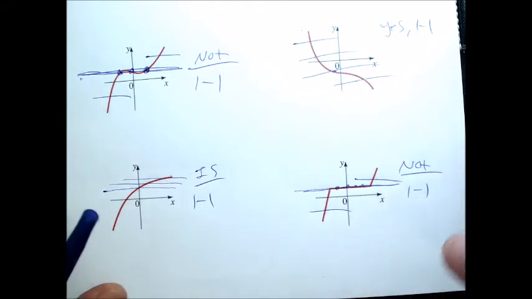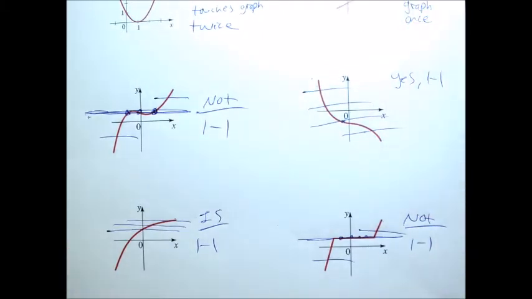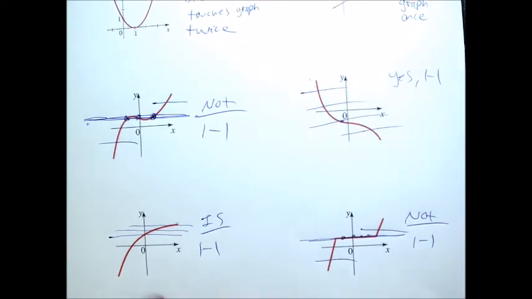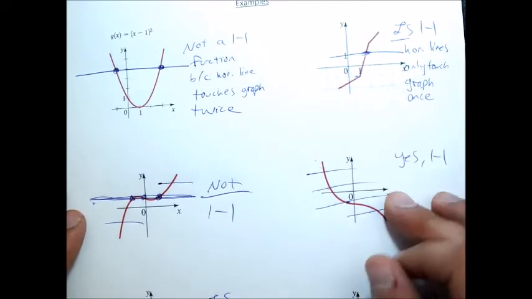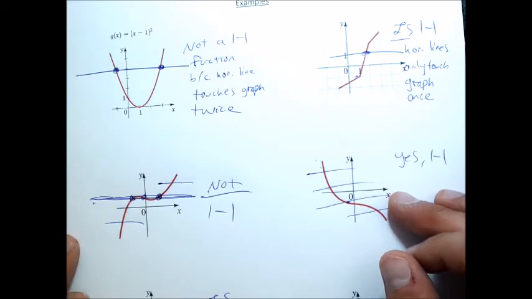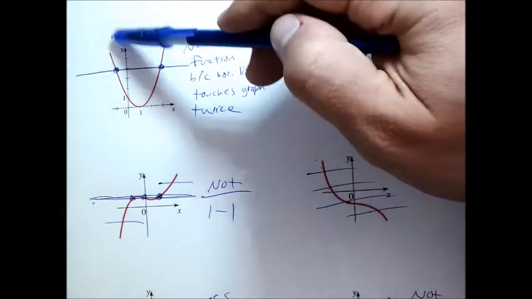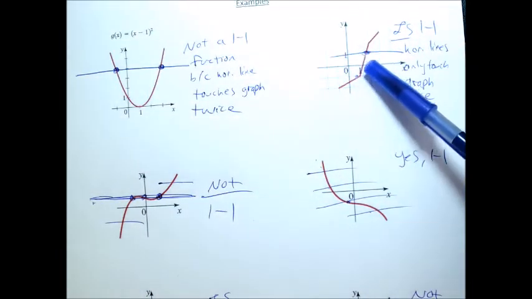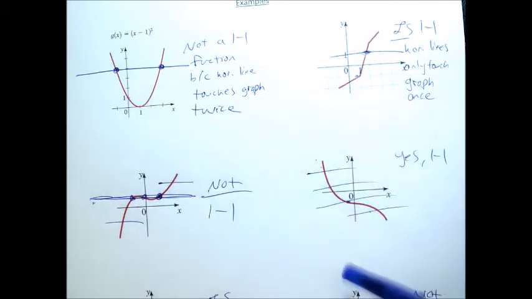Okay, I want to just reiterate this, or kind of compare it with functions. Let's talk about functions quick, because we had the vertical line test with functions, right? And so functions say every single x value gets sent to one y. So all of these pass the vertical line test, right? We can draw vertical lines through all of these, even this one, because that's not quite vertical there, right? We can draw vertical lines through that and it'll only touch once. Vertical lines, all of these will only touch once.